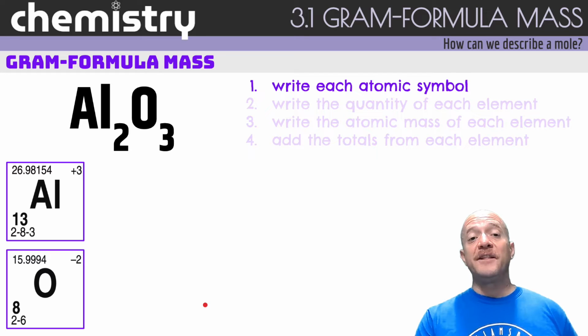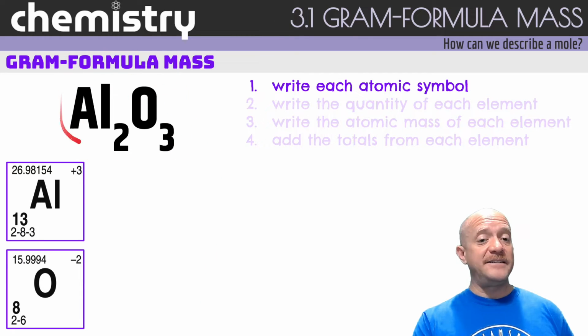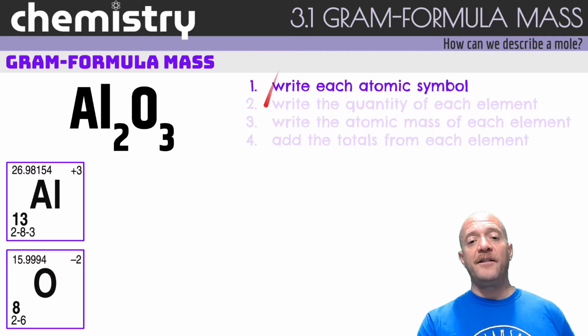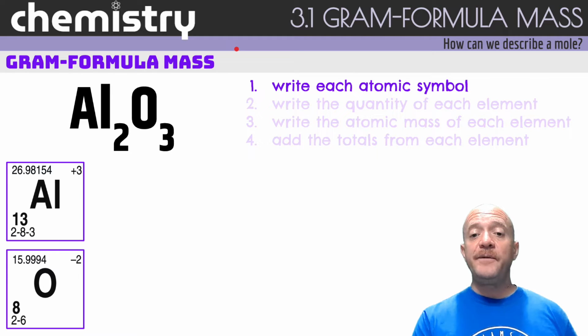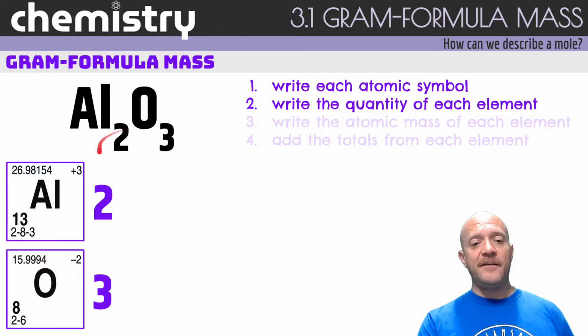Now, in order to determine the gram formula mass of a compound, like, for example, aluminum oxide, you'll follow these steps. I strongly encourage you to write these steps down because you will need to do this. The first thing you will be doing is writing each atomic symbol, aluminum and oxygen. Then, write the quantity of each element. That's indicated by this little subscript.